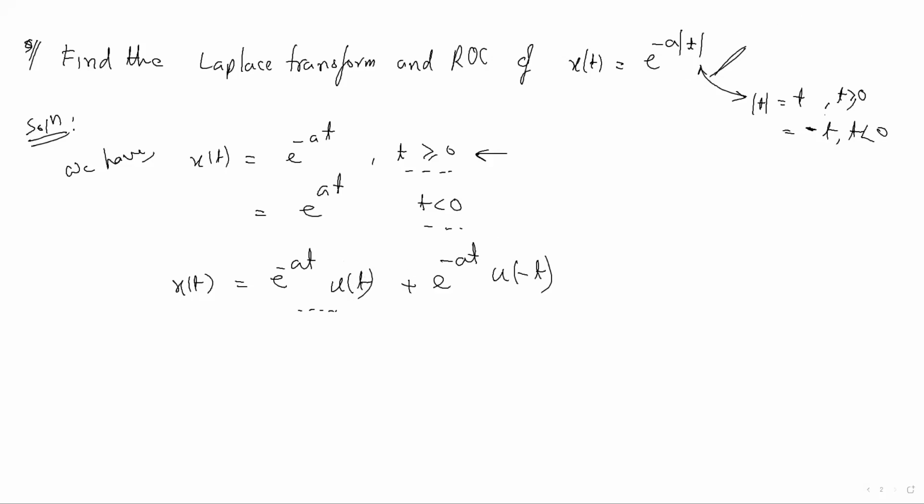Somebody messaged. Let me see. Sir, it should be t greater than or equal to 0. Yes sir, it should not be t greater than or equal to 0. Why?